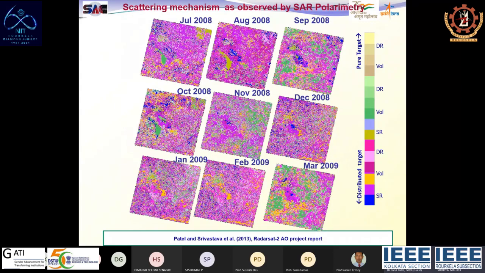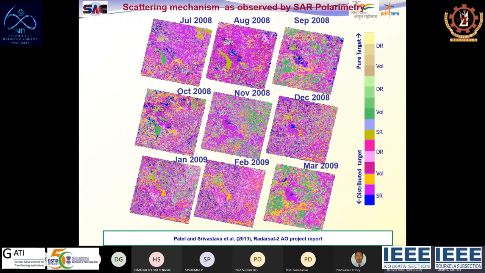So you will come to know that if it is a pure target, a settlement kind of thing will have just a double bounce kind of signal. You can see Bharatpur city, and the very center of the city will tell you about the double bounce. But if you go into the forest areas, you will see that they are distributed targets, and you will have volume scattering happening, and depending upon the surface roughness and various conditions, you will be able to extract.